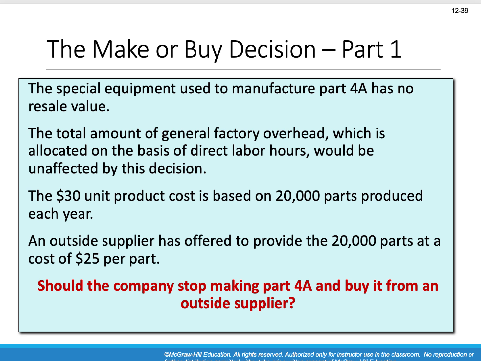They go on to tell us that the total amount of general factory overhead, which is allocated based on direct labor hours, would be unaffected by the decision. So our general factory overhead is going to be the same regardless of whether we continue to make or decide to buy from a supplier.